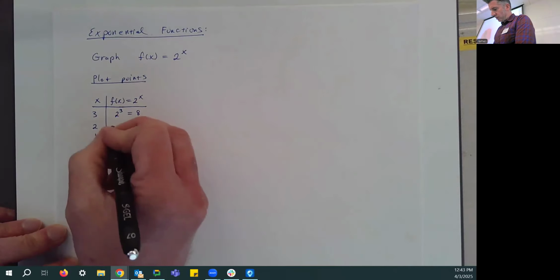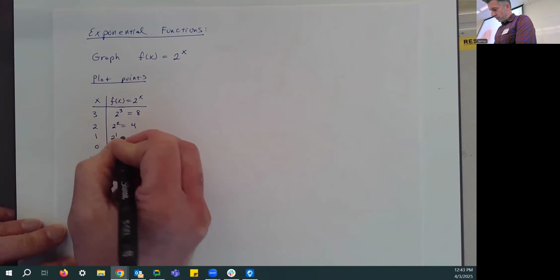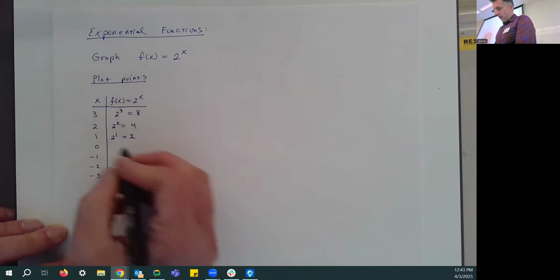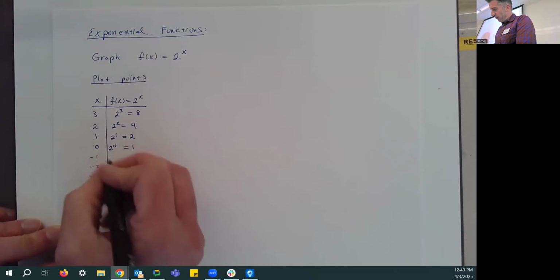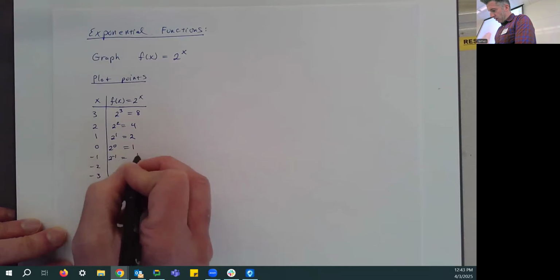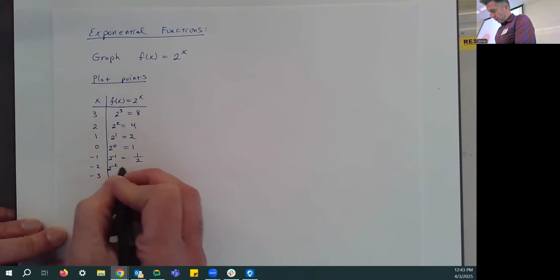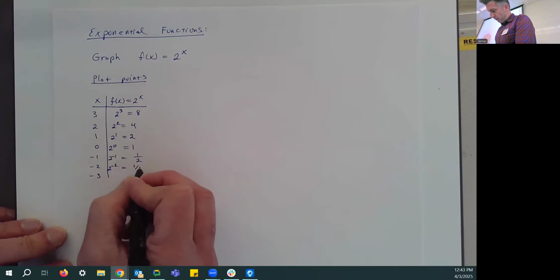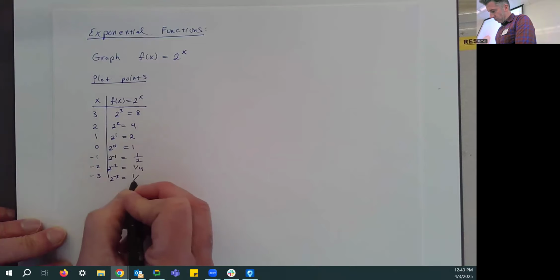And f of 2 is going to be 2 squared, which is 4. f of 1 is going to be 2 to the first, which is 2. f of 0 is going to be 2 to the 0, which is 1, which I kind of want to talk more about. f of -1 is 2 to the -1, which is 1 over 2 to the first. f of -2 is 2 to the -2, which is 1 over 2 squared, which is 1 over 4. And f of -3 is 2 to the -3, which is 1 over 2 cubed, which is 1 over 8.